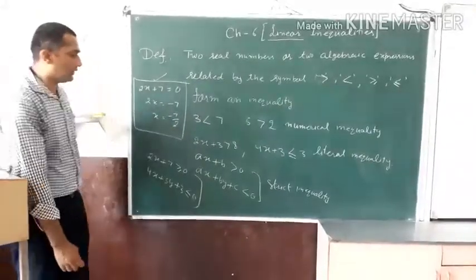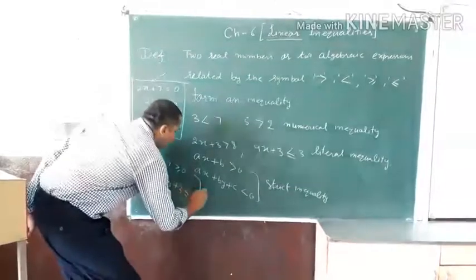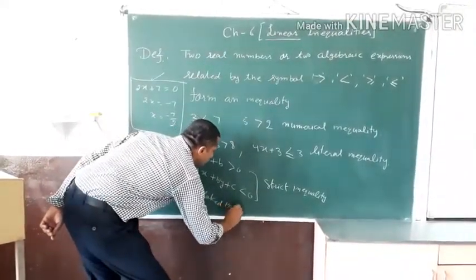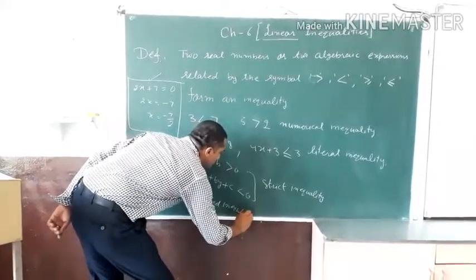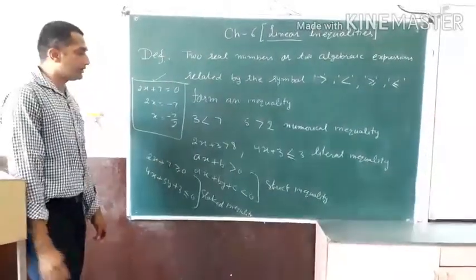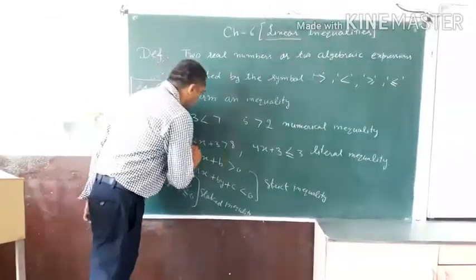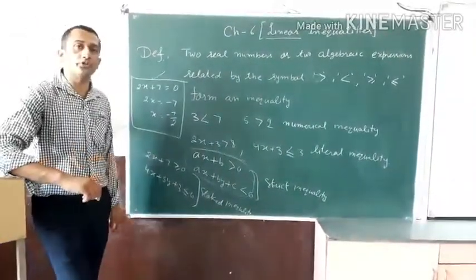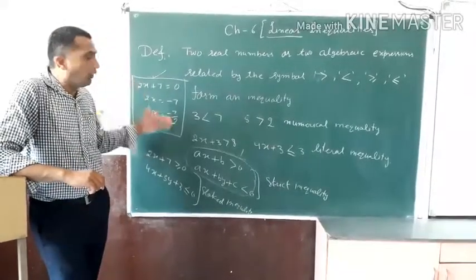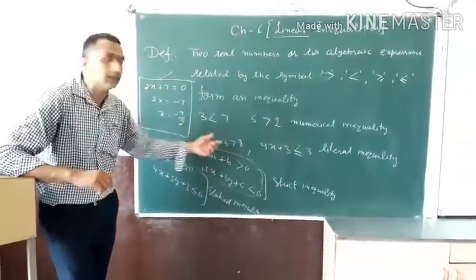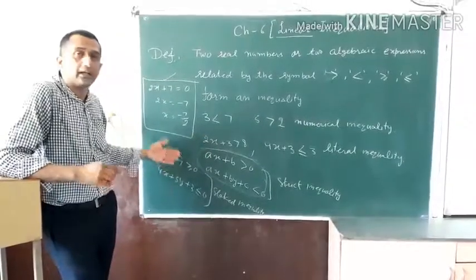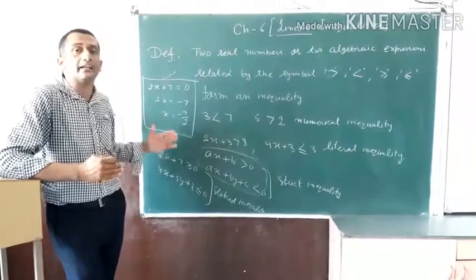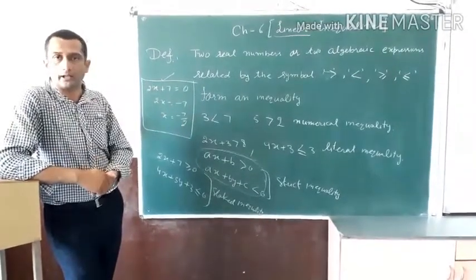These types of inequalities are known as slack inequalities, because the value obtained from these is only greater than at the given points, but here it may be equal or greater than or equal to that point.